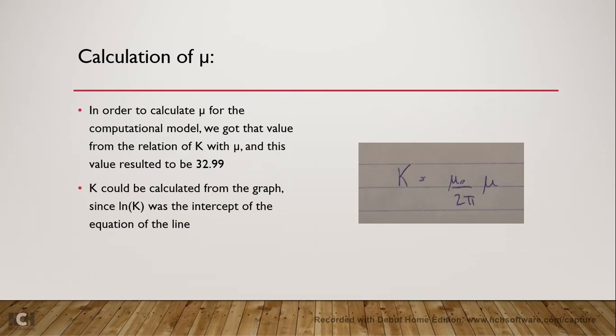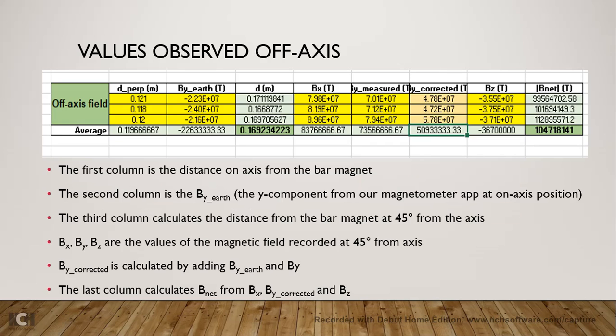To calculate mu for the computational model, we got the value from the relation of K with mu, and we found out that mu is 32.99, and K could be calculated from the graph since ln of K was the intercept of the equation of the line.